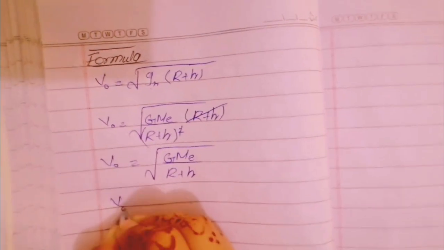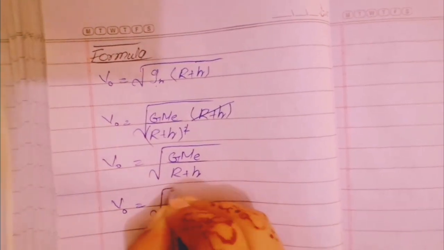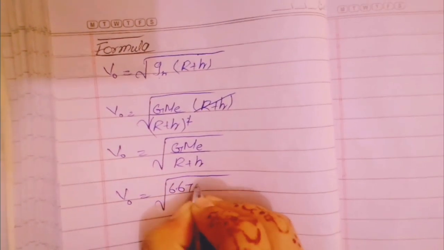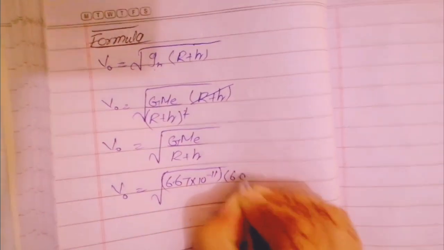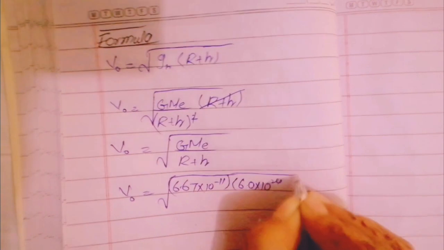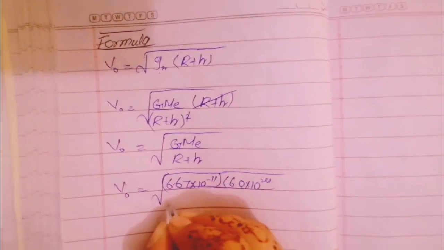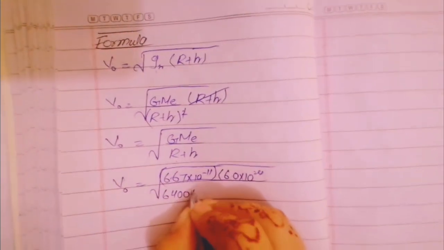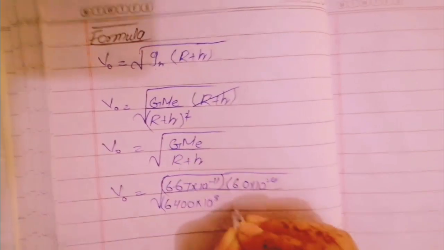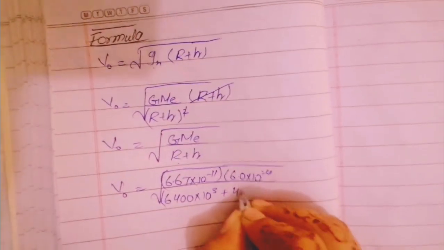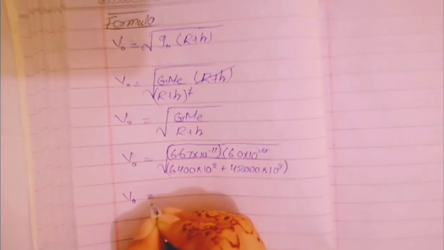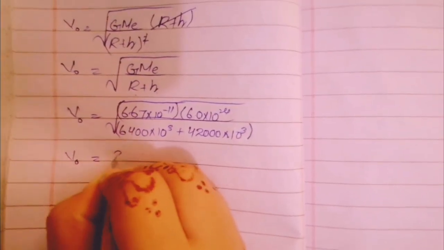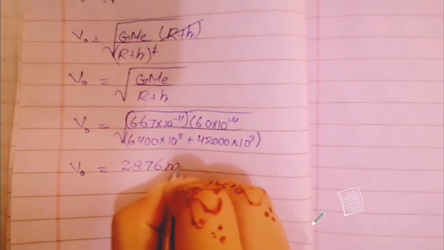Now we will put the values inside the formula. Value of G is 6.67 multiplied by 10 raised to power minus 11, mass is 6.0 multiplied by 10 raised to power 24, value of R is 6400 multiplied by 10 raised to power 3 plus height 4200 multiplied by 10 raised to power 3. Now we will find its answer. It is equal to 2876 meter per second.